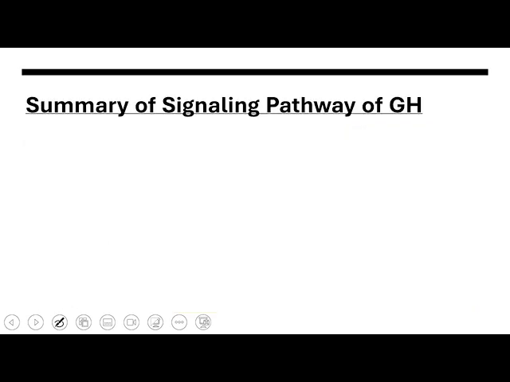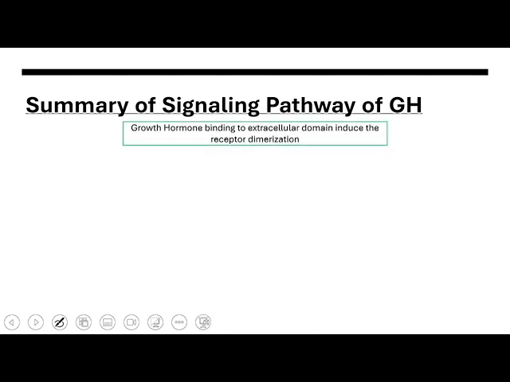Next we see the summary of the signaling pathway of the growth hormone. The growth hormone binds to the extracellular domain, which induces the receptor dimerization that we saw earlier, where the JAKs are far apart from each other. And once the growth hormone binds to the extracellular domain, there will be dimerization of the JAK.